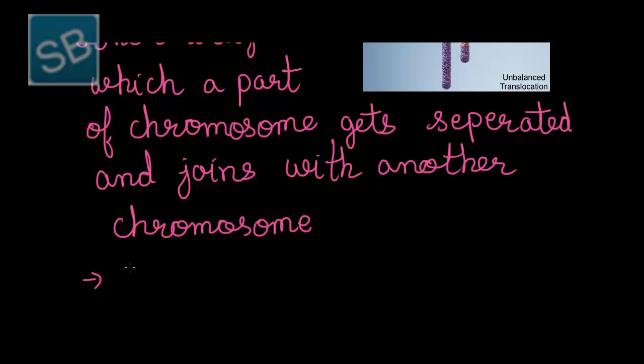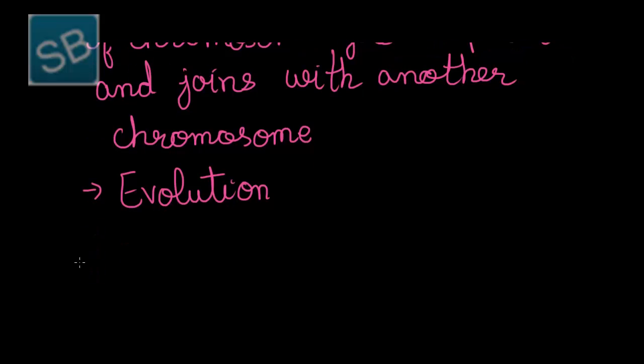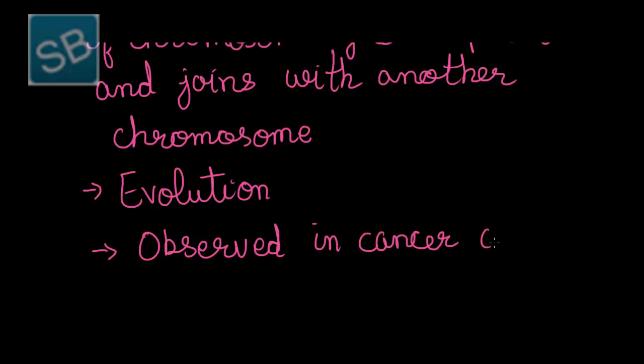This type of translocation structural abnormality also plays a very important role in evolution. Such a type of structural abnormality, that is chromosomal aberration, is generally observed in cancer cells. Now this is all about the structural abnormality in chromosome and its types.